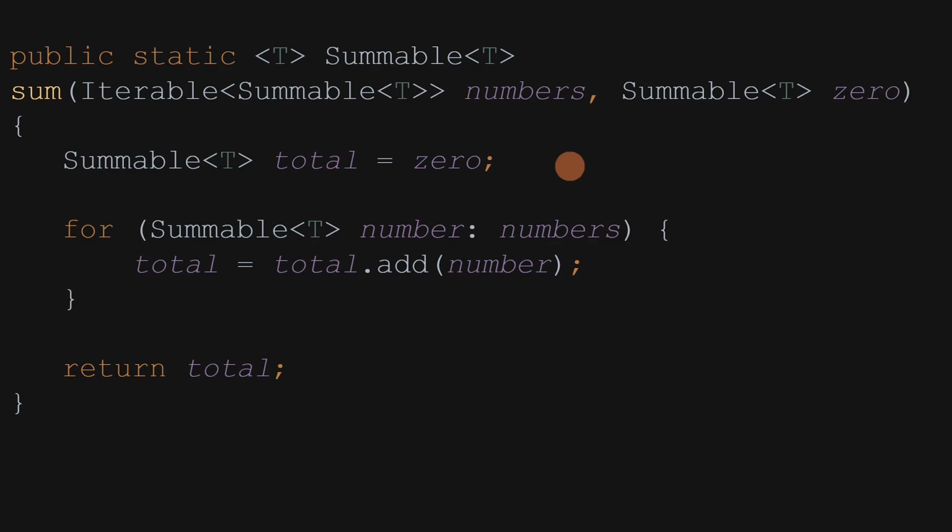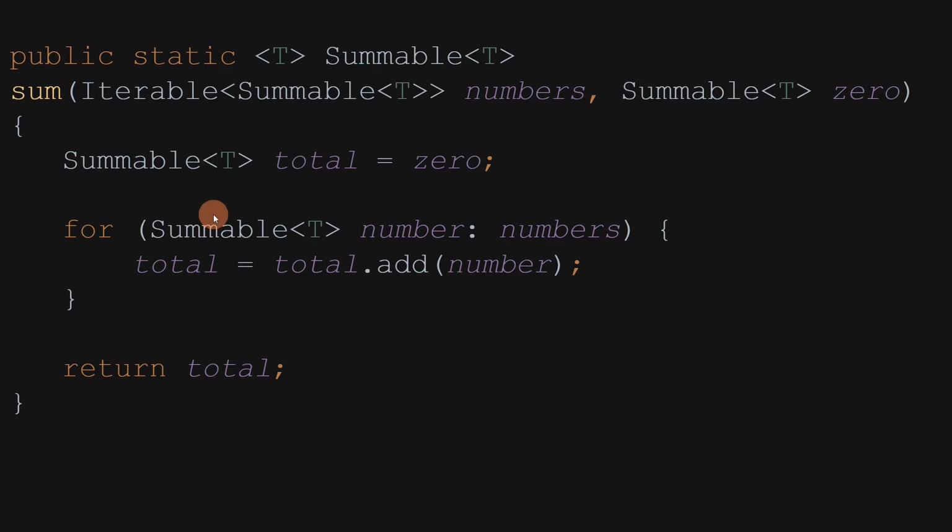And why do I have to do that? Well, because if my interval doesn't have any number, how can I get zero from an instance of Summable if I don't have any instance? So I have to provide zero. So I might even remove zero from the interface as well.